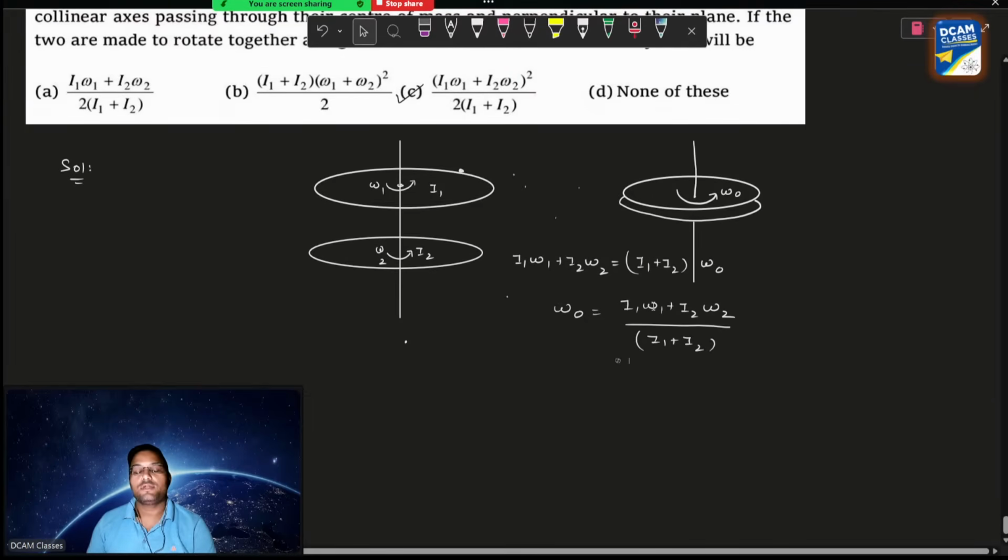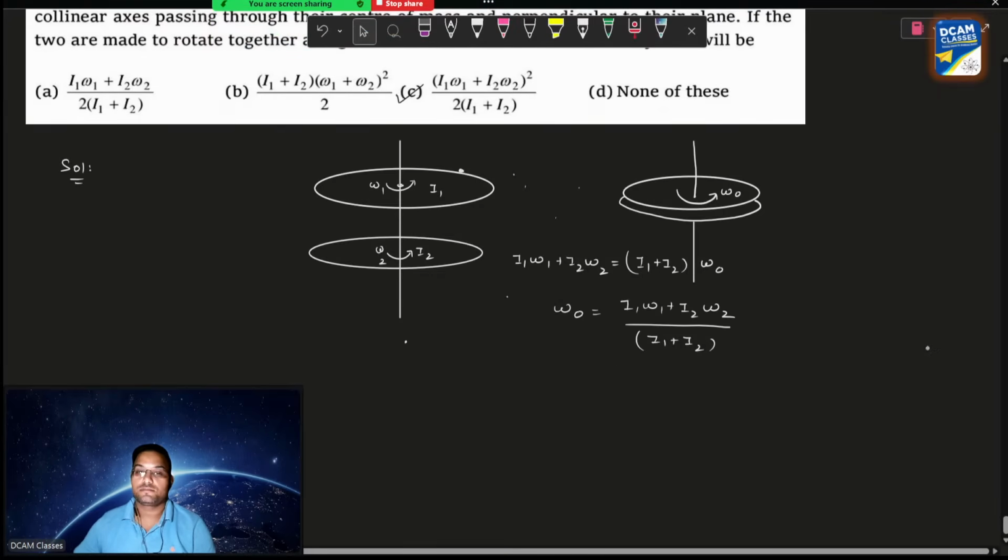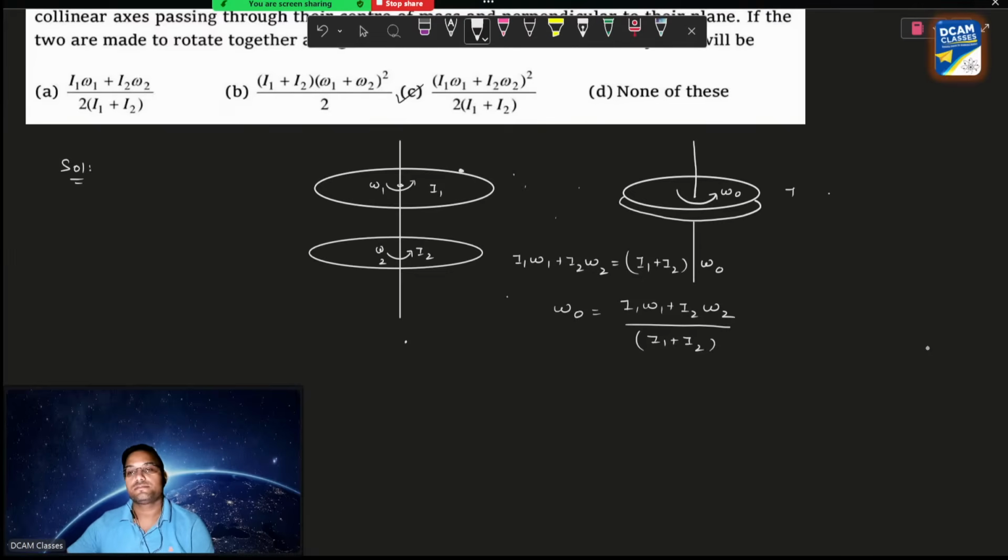Now, after you have found the combined angular velocity, they are asking you the kinetic energy. The combined moment of inertia is I1 plus I2. The kinetic energy is only rotational, because of the law of conservation of angular momentum, since there is no external torque.